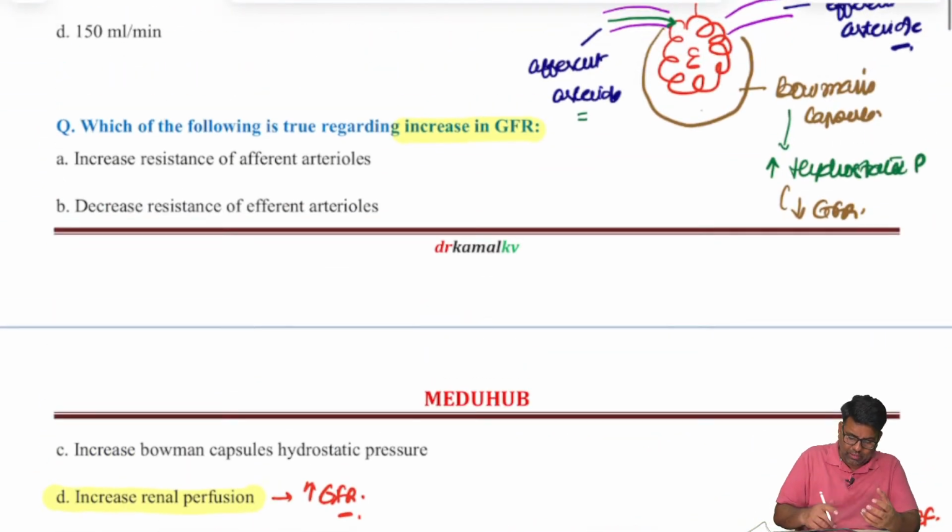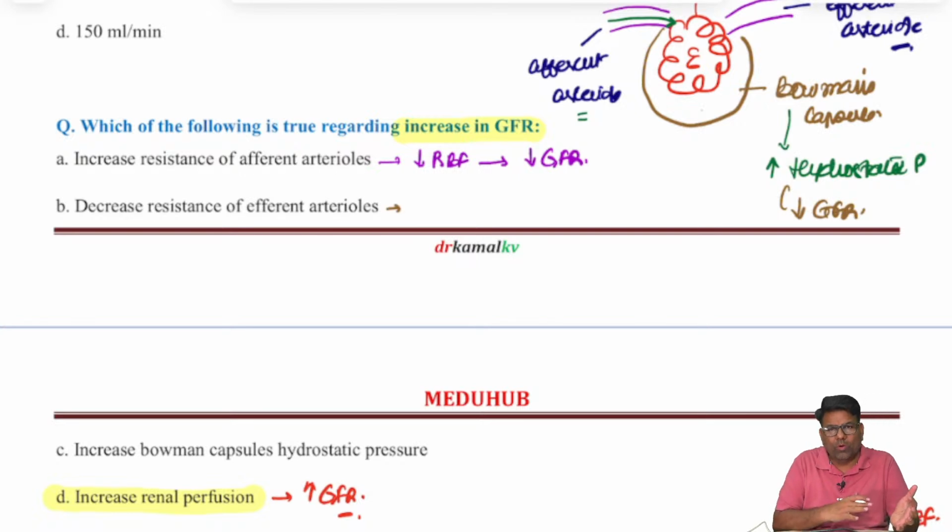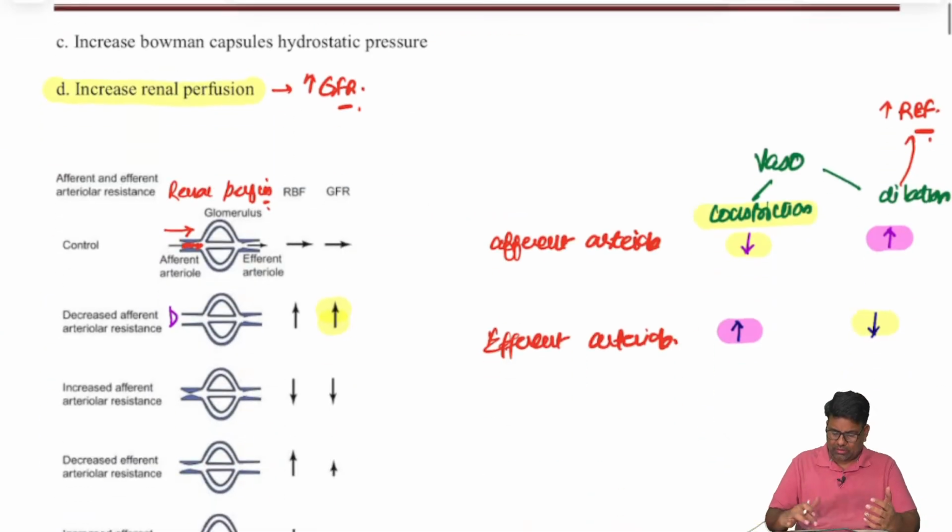So this we have already discussed. If there is an increase in resistance of the afferent arteriole, that will decrease renal blood flow, and if the renal blood flow is less, GFR will be less, right? If there is decreased resistance of the efferent arteriole, that will promote more outflow of blood, so this is again going to decrease GFR. Clear? So just remember this, and these are actually opposite to each other.